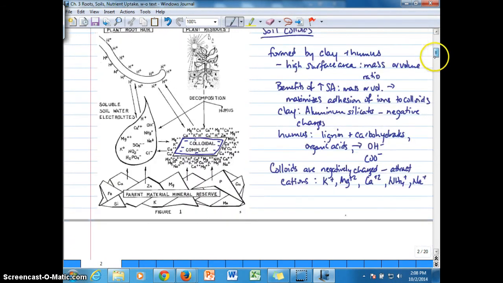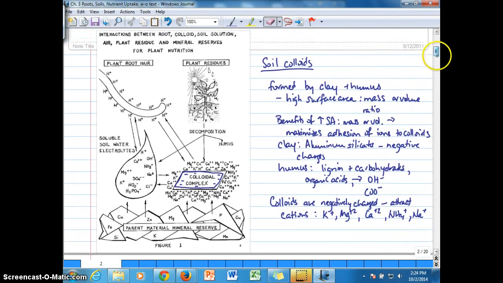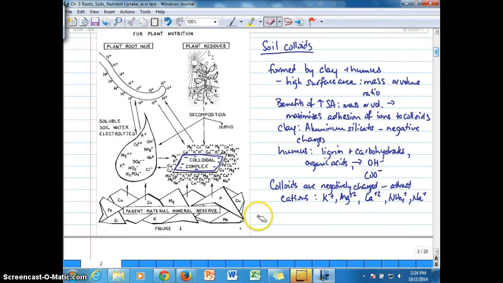So the soil binding to these cations serves as a nice stable place for these cations to remain in the soil so that they don't get leached out or washed away by the soil solution. So we would say that the soil colloids are the primary nutrient reserve for plants.